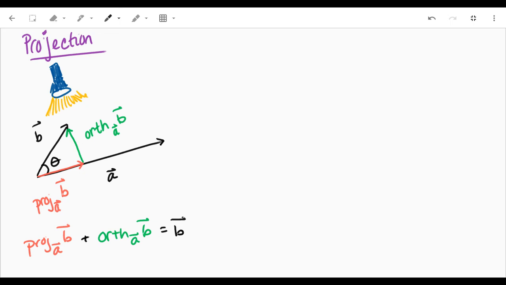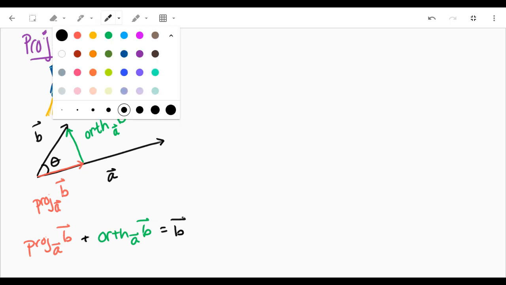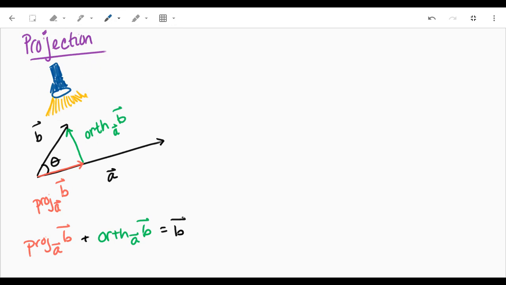So we have a couple calculations that we can do here. So the first one is what we call the component in the A direction of B. Okay, and this is a scalar. Okay, basically it's the same thing as the magnitude of that projection.